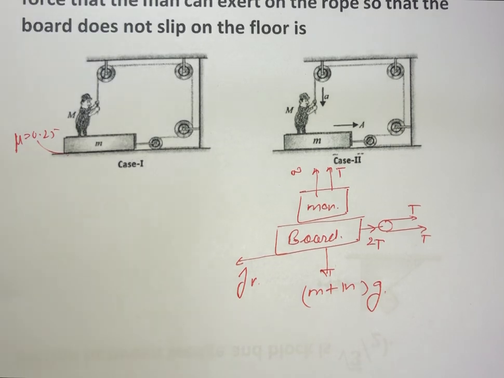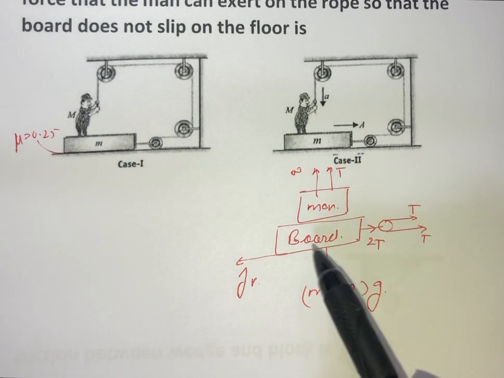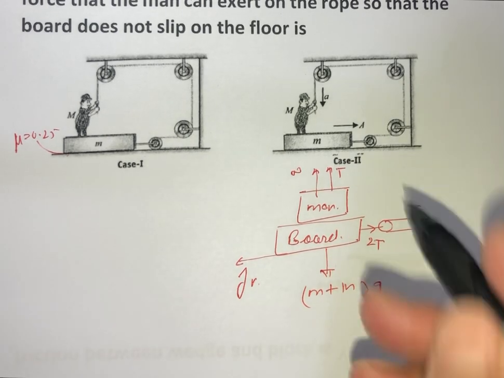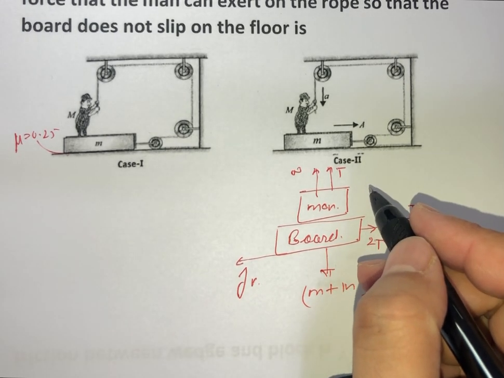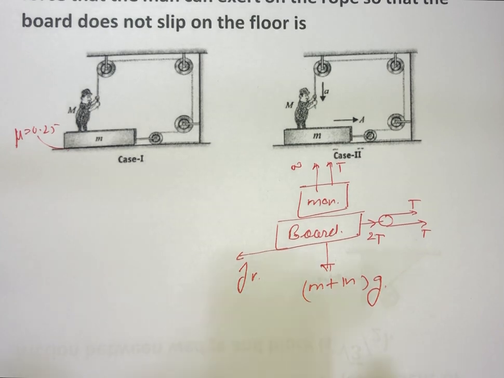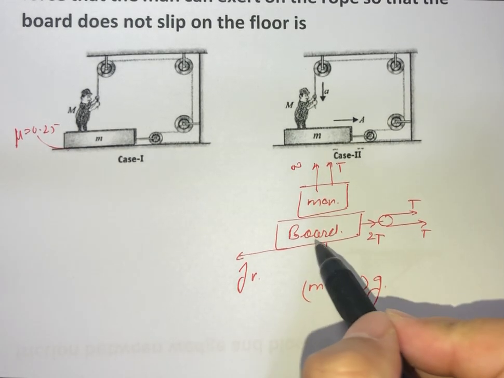And we assume that both man and the board are moving together. So we are going to take man and board as one system.